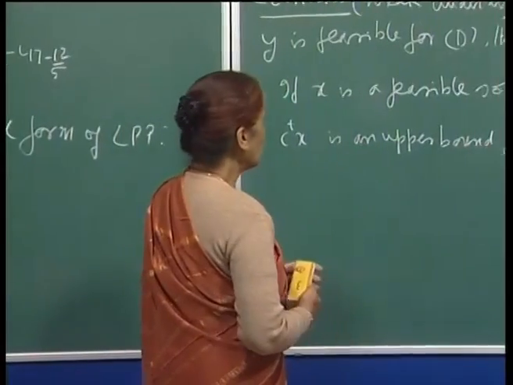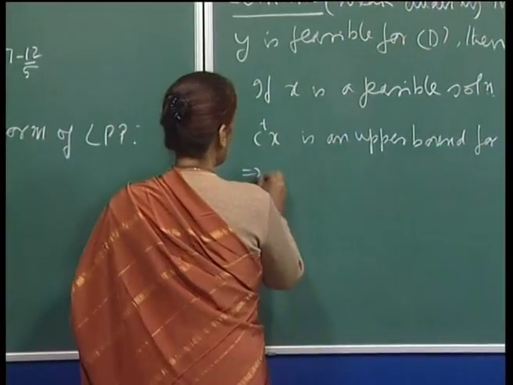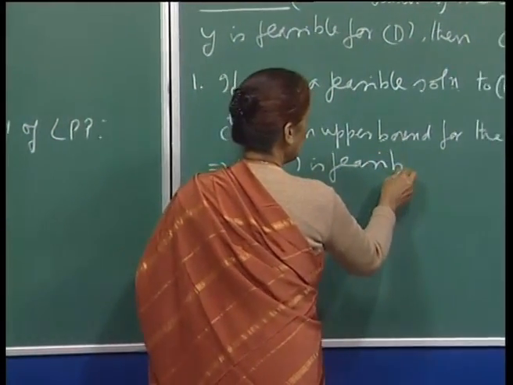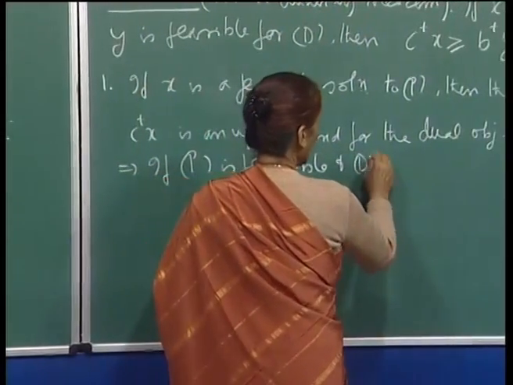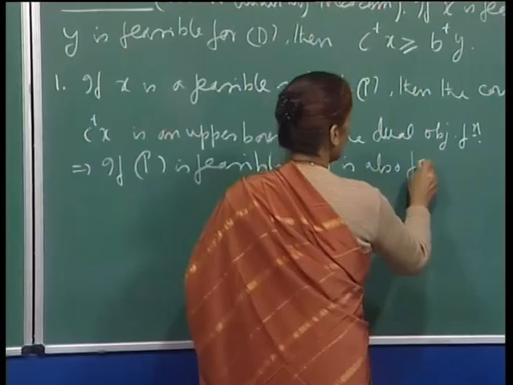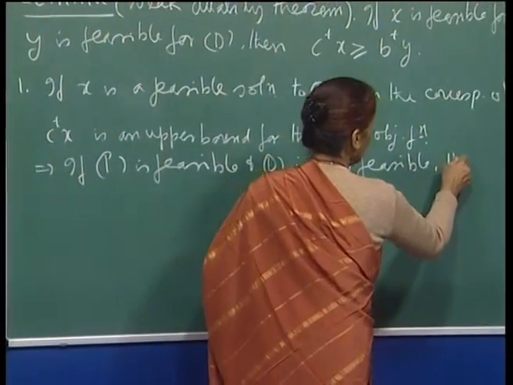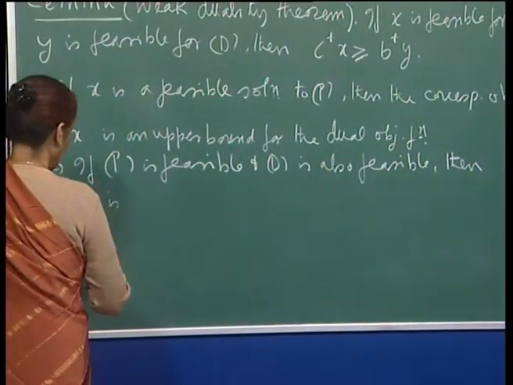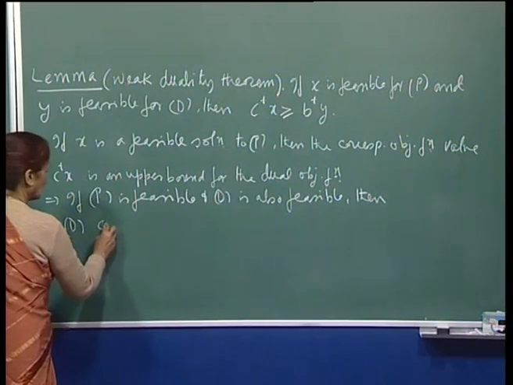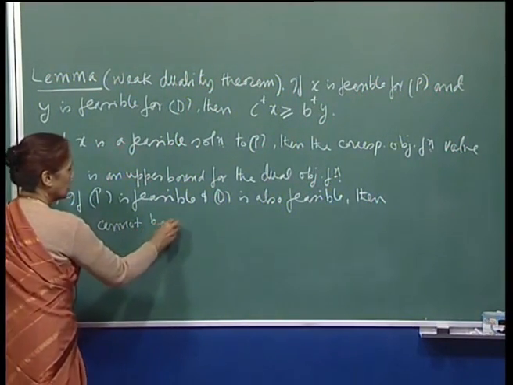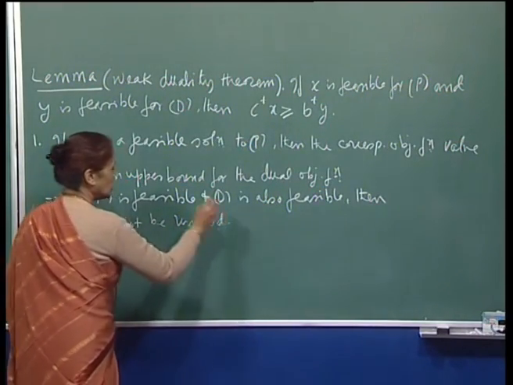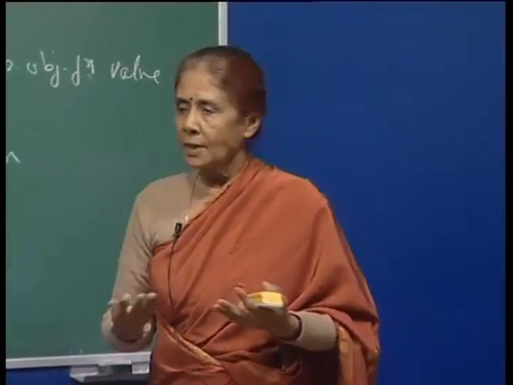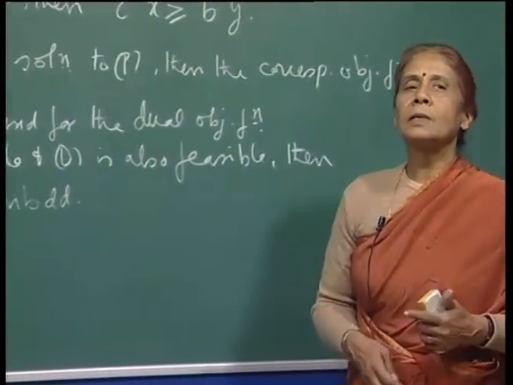So this implies that if P is feasible, okay, that means I can find a feasible solution, and D is also feasible, then D cannot be unbounded, right. So, now you know for sure that if the primal P has a feasible solution, and if the dual also has a feasible solution, then only the question of unboundedness arises, right.